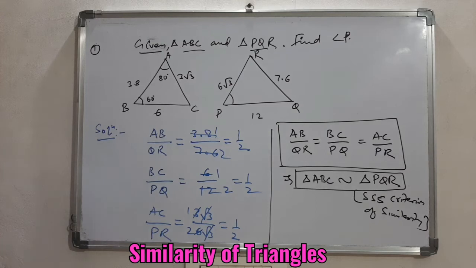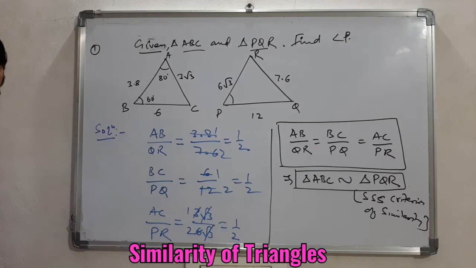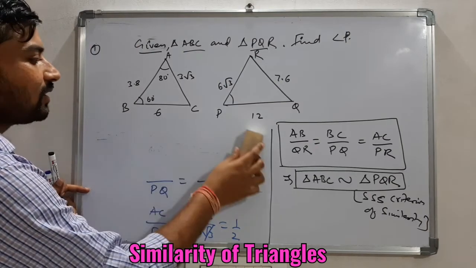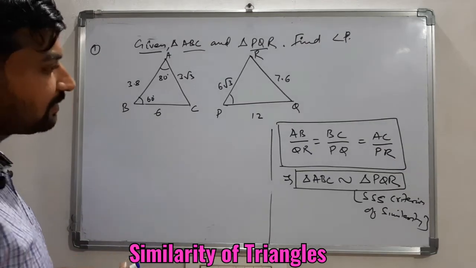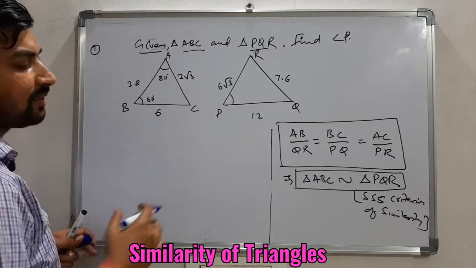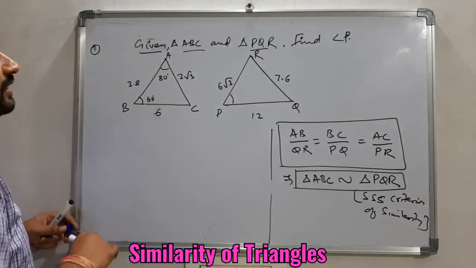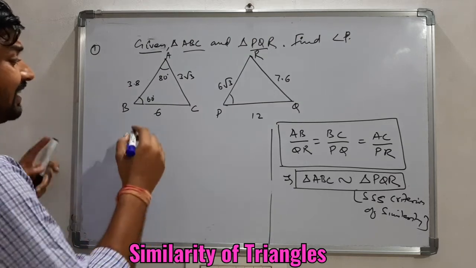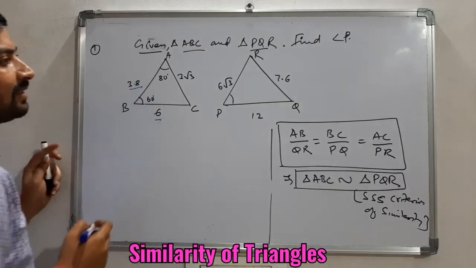Now, once they are similar, the corresponding angles will be equal. So we can use that result to calculate the value of angle P. So let us come and discuss this. Here we have to look at the corresponding parts, right? When we look at this, the angle 60, that is angle B, is in between 3.8 and 6.